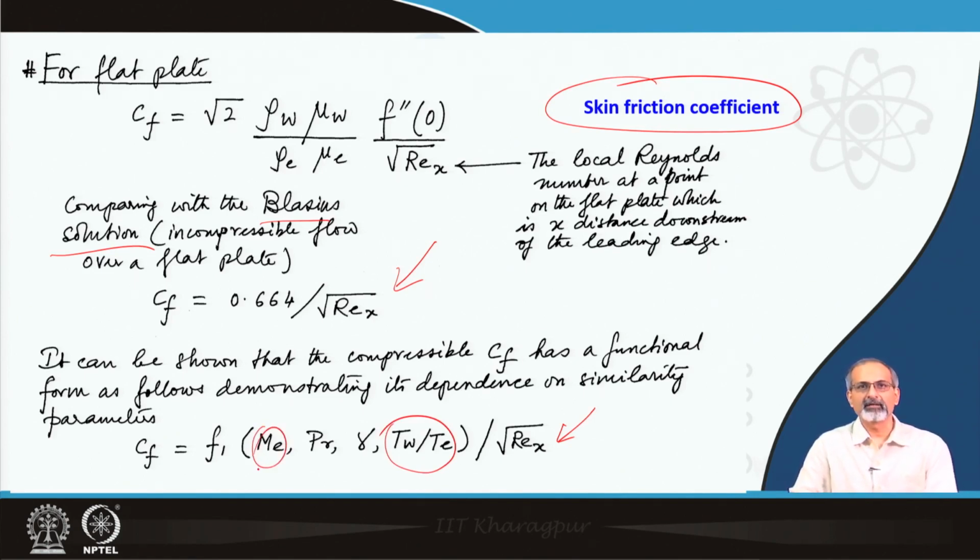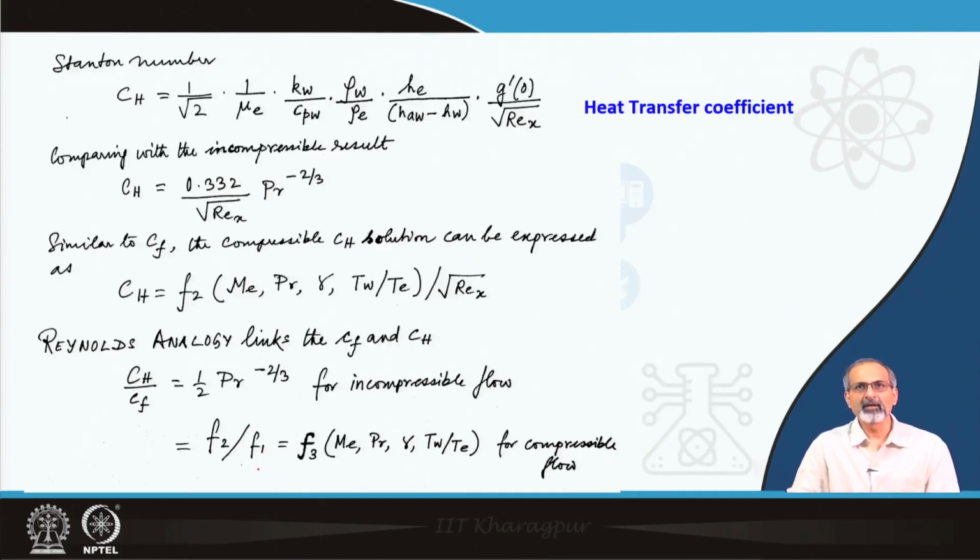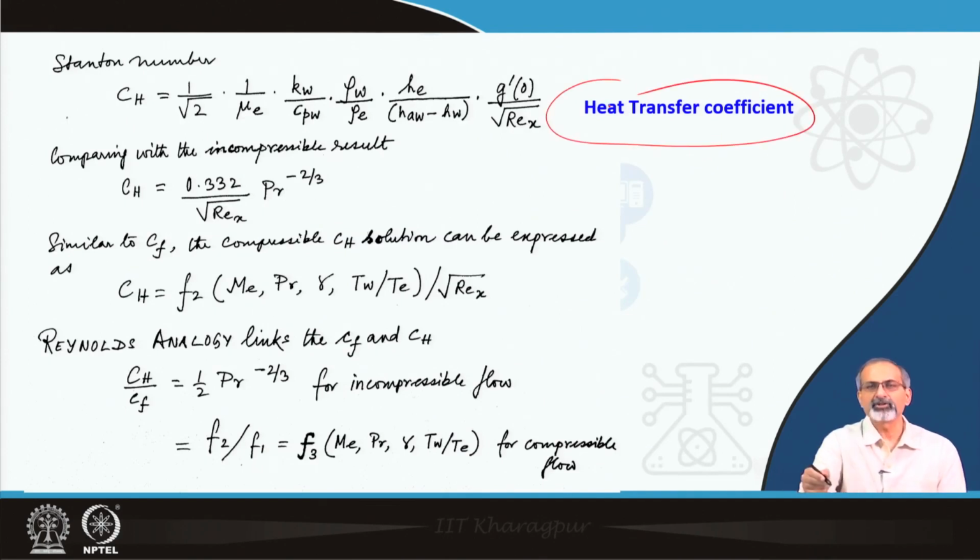Additionally, we have Reynolds number, Prandtl number, and ratio of Cp and Cv, that is gamma. Similar trends were seen in the heat transfer coefficient by the Reynolds analogy, and then as we saw the incompressible result here, we further remarked that the compressible result will again show functional dependence on a number of parameters, just like the skin friction coefficient.